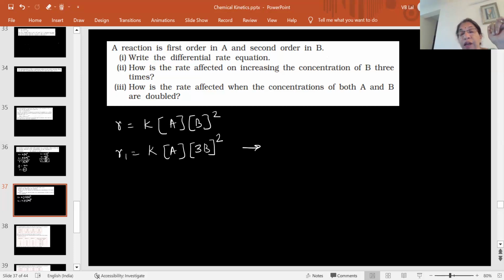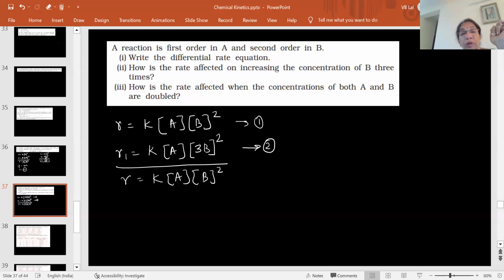So if you find this method easier, then we will follow this method. This is R1, so I will divide R1 by R. R is equal to K [A] [B] raised to 2. So K and K get cancelled, A and A get cancelled. So R1 by R is equal to 3 squared, and B squared gets cancelled.